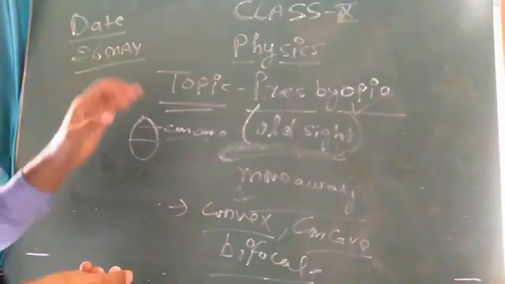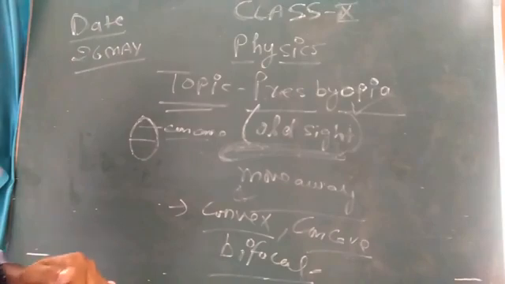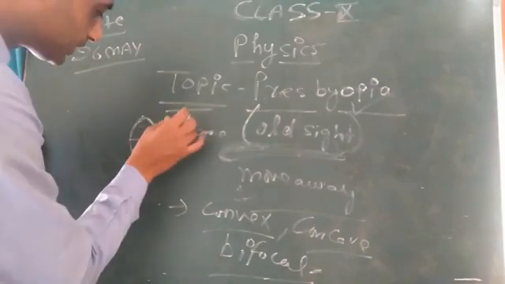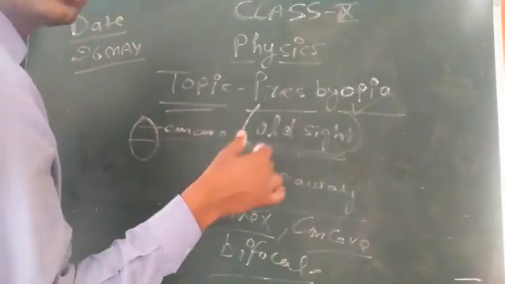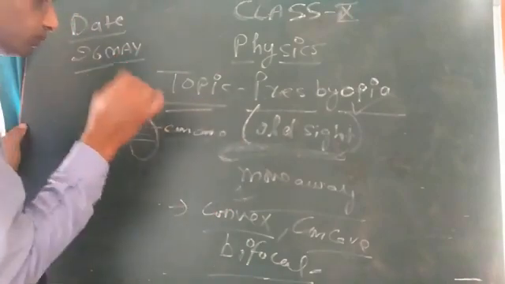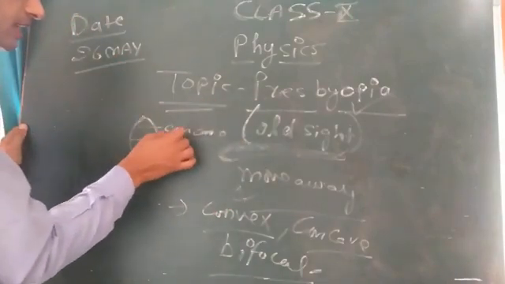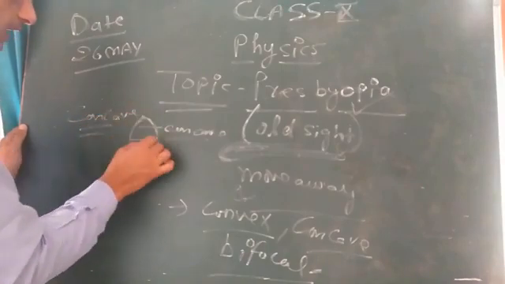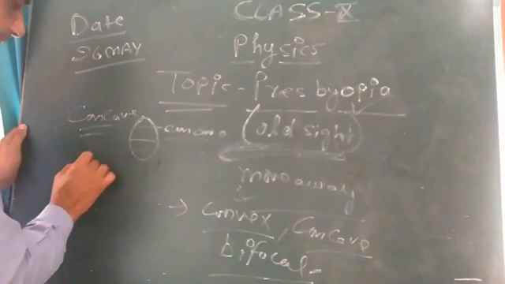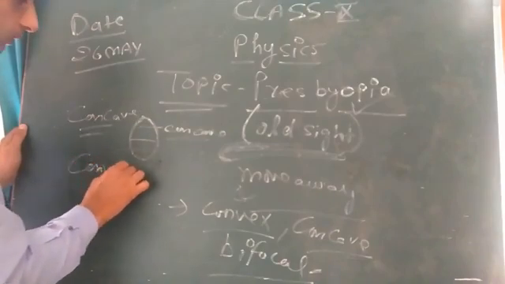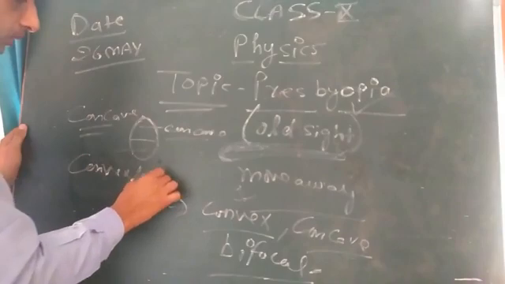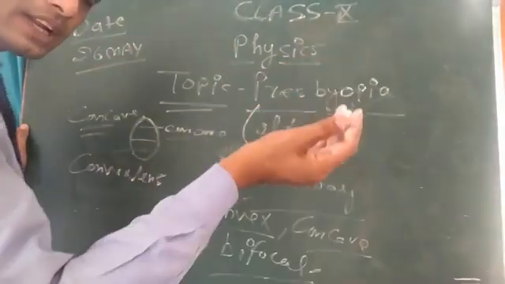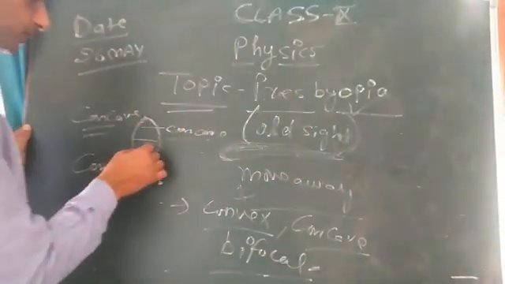The top part is used for seeing distant objects, because in myopia we can see nearby objects clearly but there is a problem seeing far-off objects. So to remove this defect there is a need of a concave lens. In the lower portion there is a convex lens, because in hypermetropia we can see distant objects clearly but are unable to see nearby objects properly.